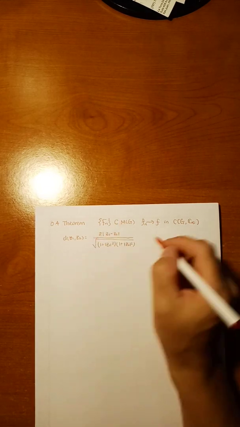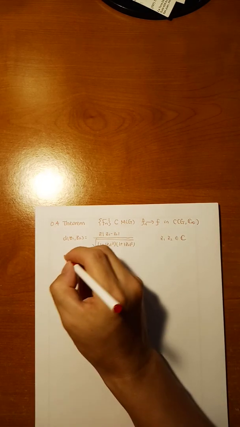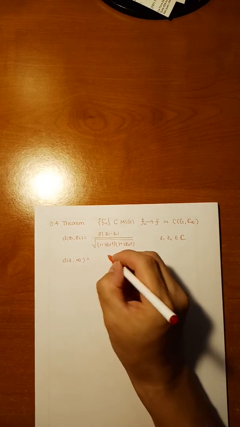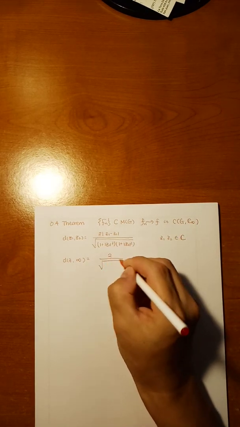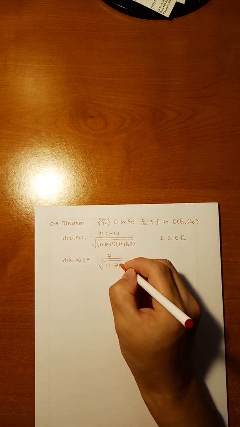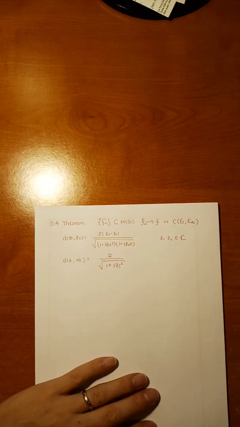This is the distance where z1, z2 are in C, and the distance between z and infinity is just 2 over the square root of 1 + |z|². So this is the distance in C ∪ {∞}.